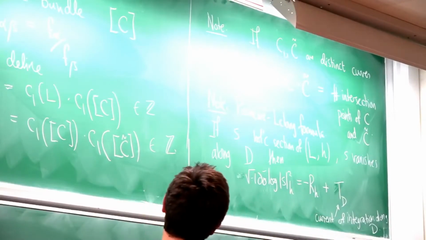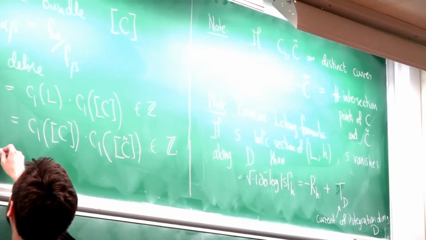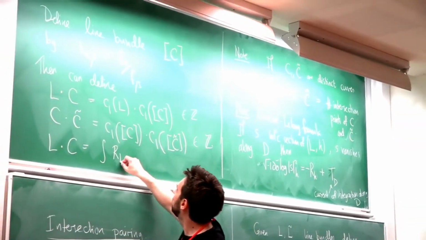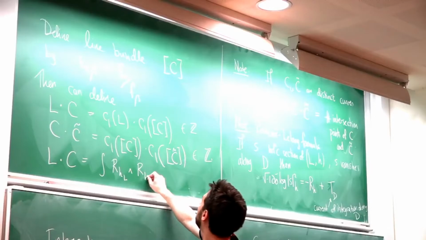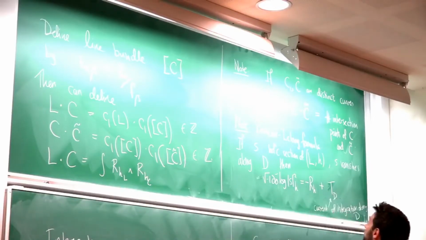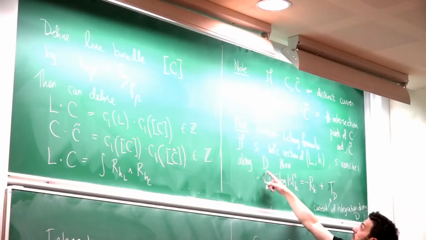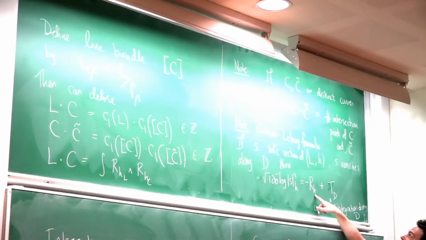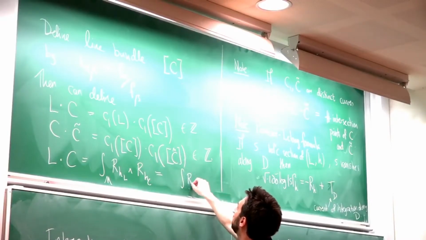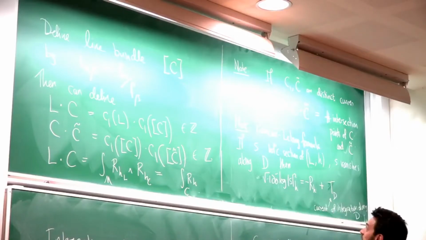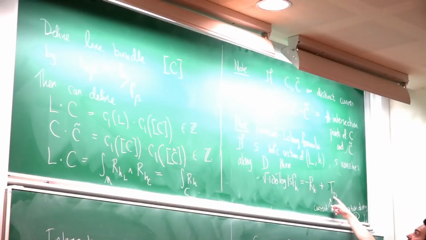And then that tells you something, because it tells you that actually L dot C, which is by definition just the integral of R of H_L wedge R of H_C, if you like, what it tells you is that if you take this D to be the C corresponding to L, then this is just the R of H corresponding to C, and then this just becomes T of C. And then this becomes nothing other than just the integral of R of H over C, because this now just becomes the current of integration.